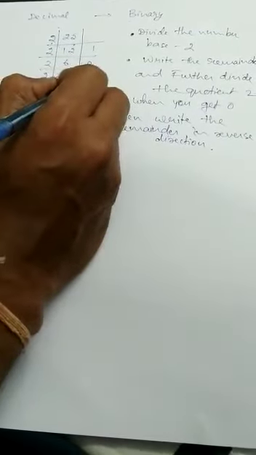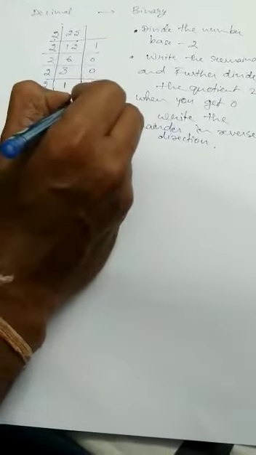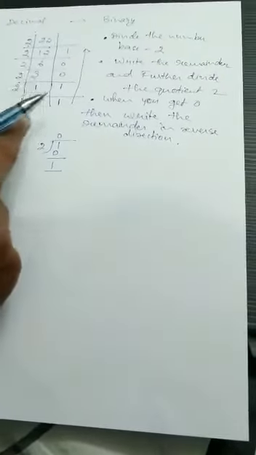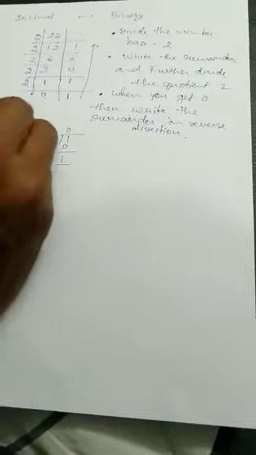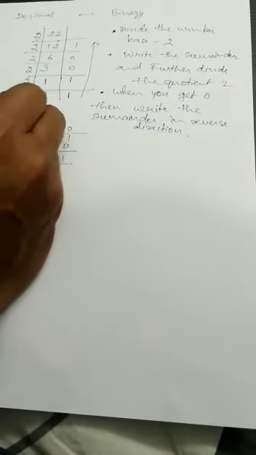When the number is smaller, then you write 0 here and the remainder is 1, because according to the rule, when you divide a small number by a larger number, the answer is 0 and the remainder is whatever the number is. So you will get 0 in the last, and all these remainders are written in reverse direction, from below to up, that is 1 1 0 0 1.